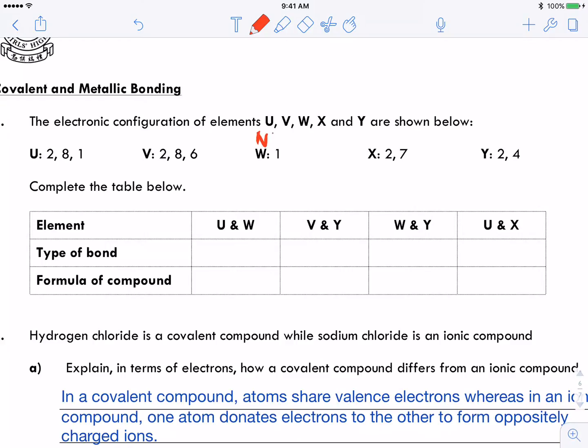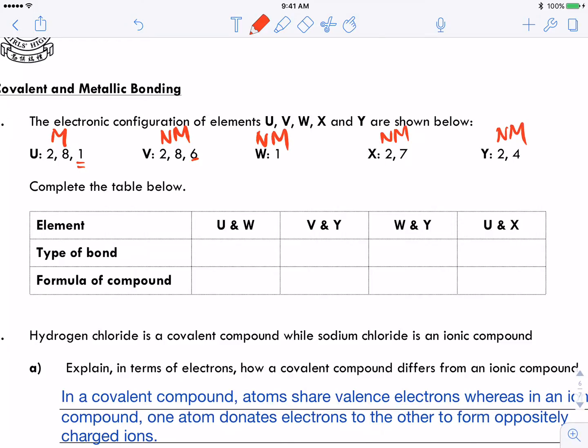It is a non-metal. U has one valence electron, is in group 1, it is a metal. V is gaining 2 electrons, group 6, so it is a non-metal. X is a non-metal, and Y is a non-metal.